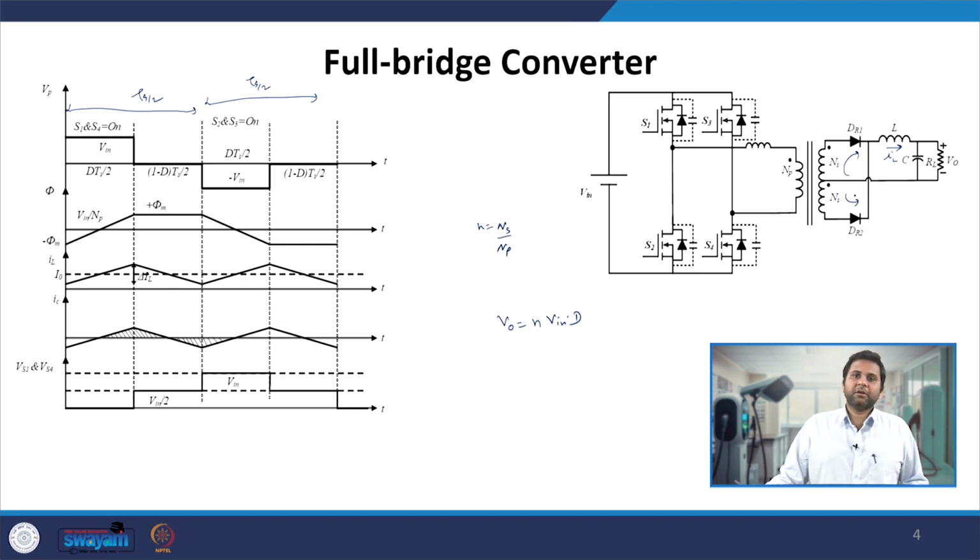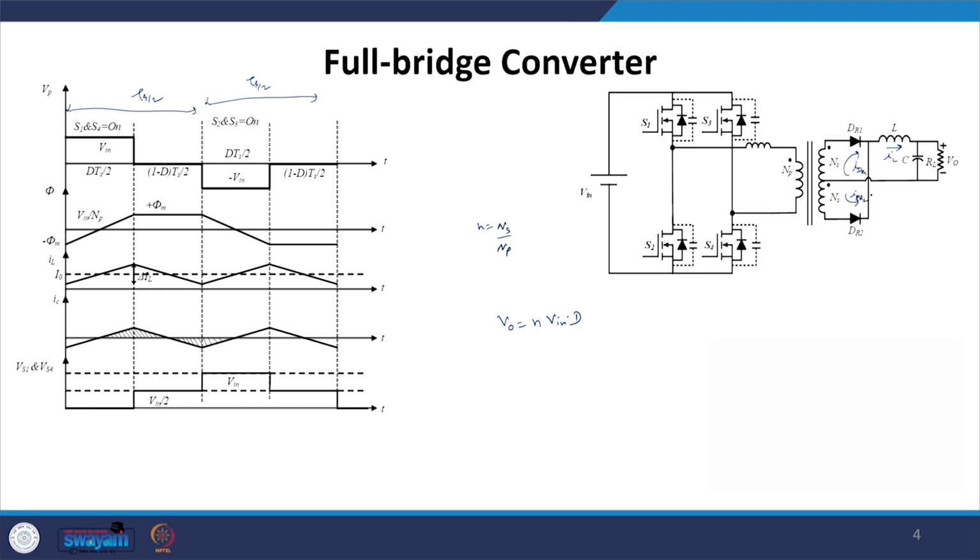Since both the diodes turn on, the current through this inductor L is going through IDR1 and IDR2, these 2 devices, and that is when we see that voltage across this primary winding becomes 0, and different operation of this converter we have seen.